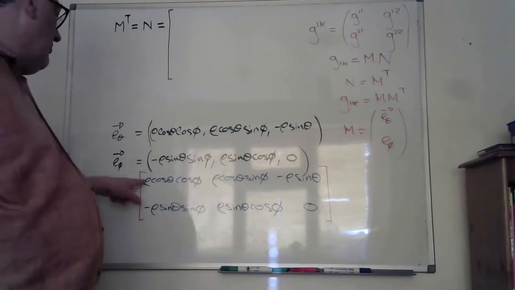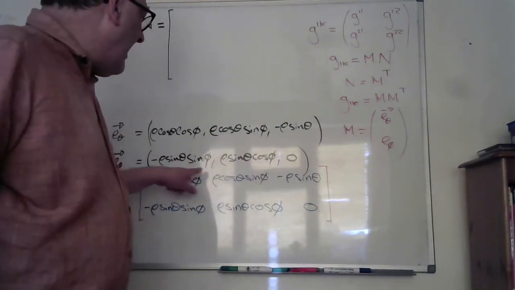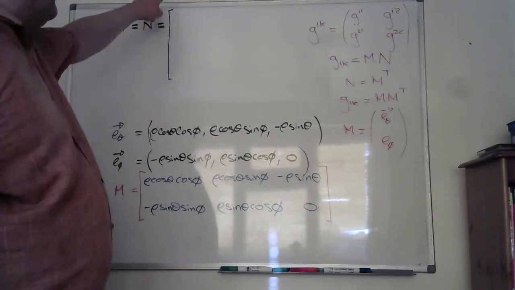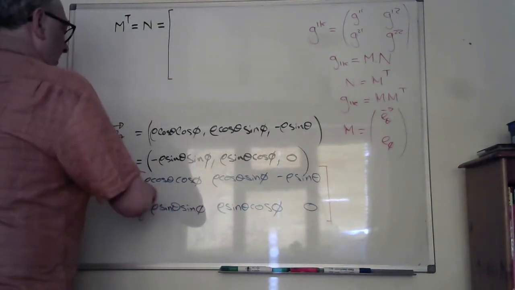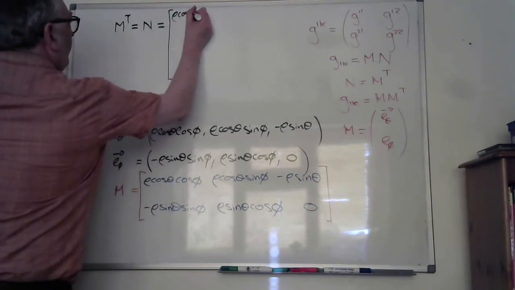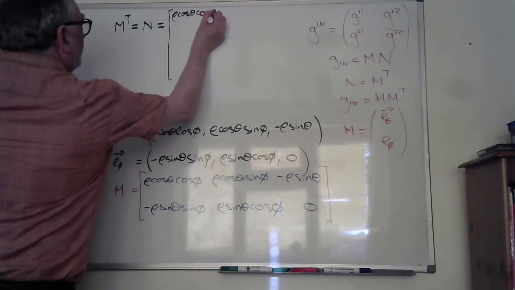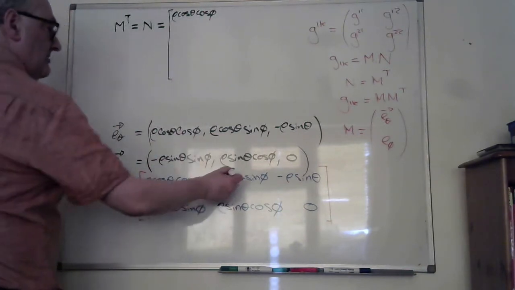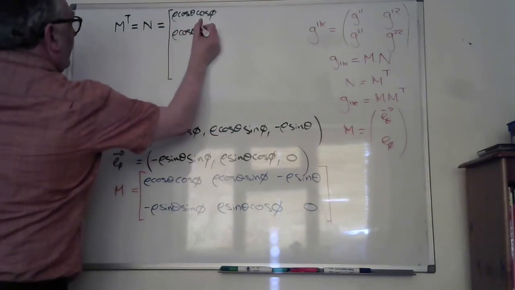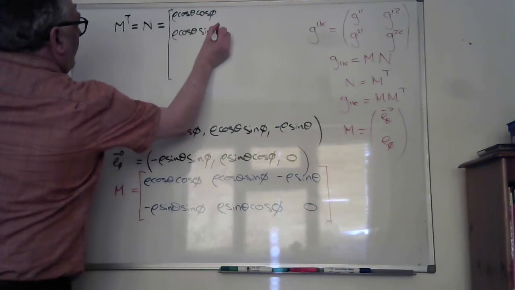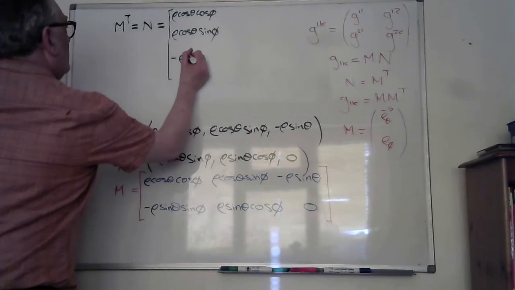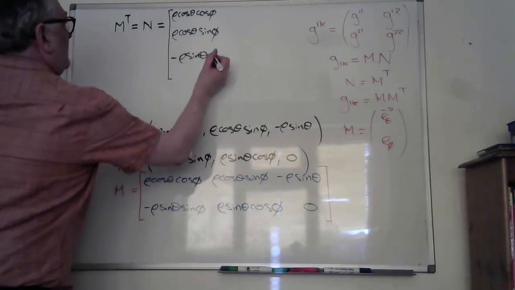You first of all write this row down, all of that row, as a column in the first column of that matrix. So we've got rho cos theta cos phi. There, we've got rho cos theta sine phi. And we've got minus rho sine theta.